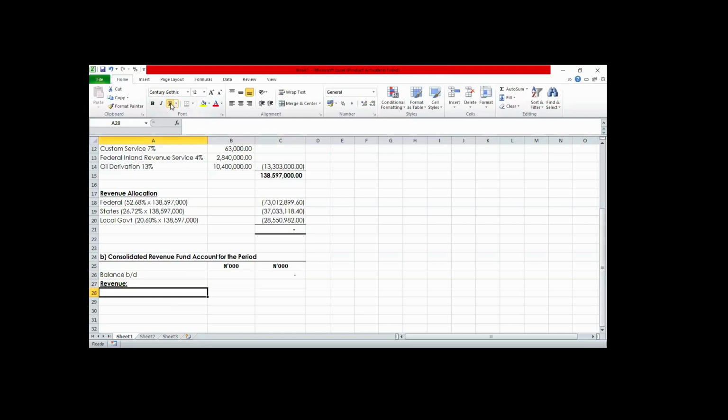The first and foremost is statutory allocation from the federation account.